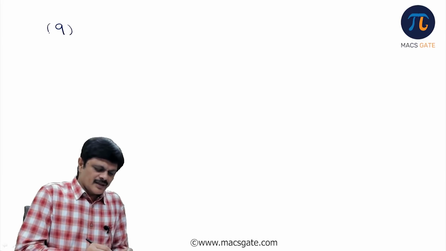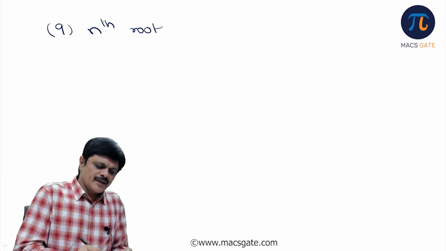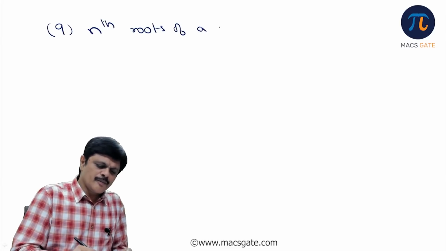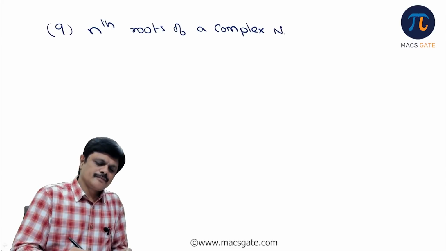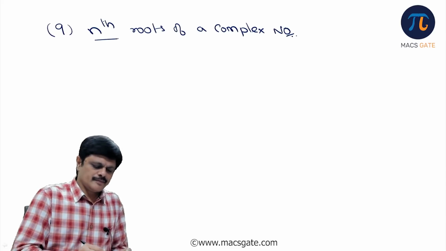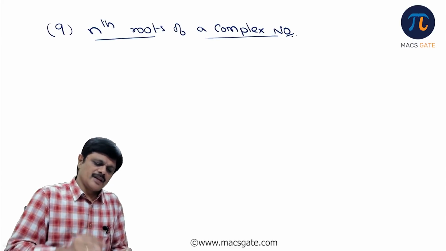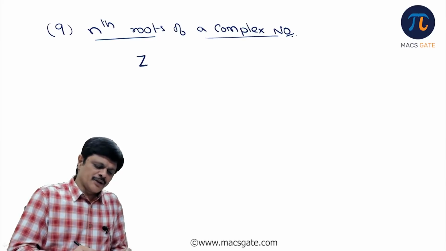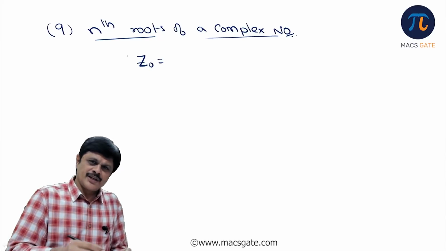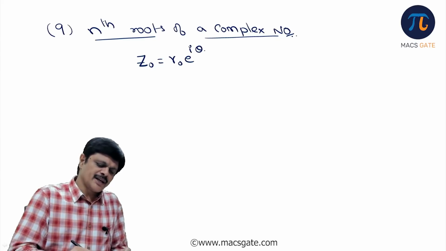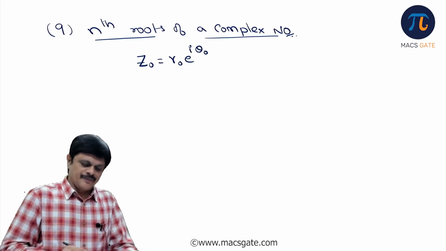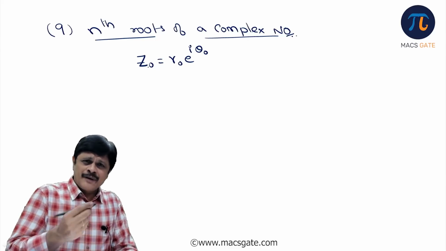The next result: nth roots of a complex number. When you want to find the nth root of a complex number, suppose z0 is the complex number whose exponential form is r0 e power i theta naught. So it will have n distinct roots.